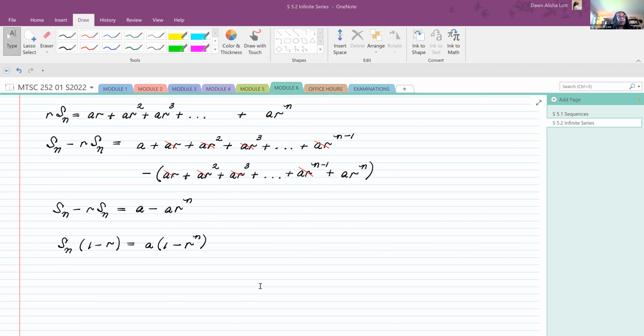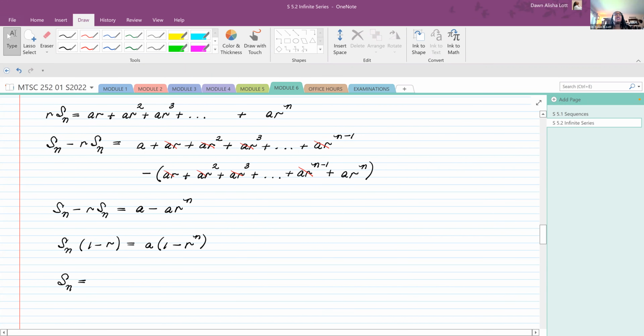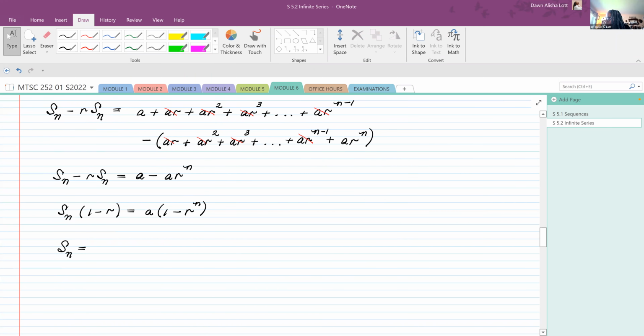All righty. So now we get Sn, the nth partial sum. So now we're able to solve for the nth partial sum, and I don't even know what A and R are. I just know I have A times 1 minus R to the n divided by 1 minus R.